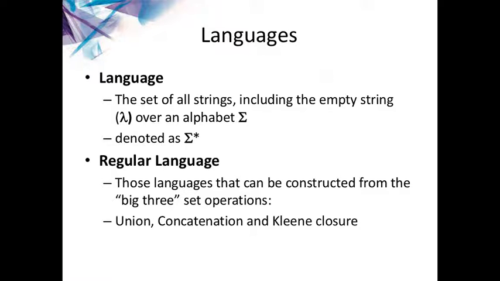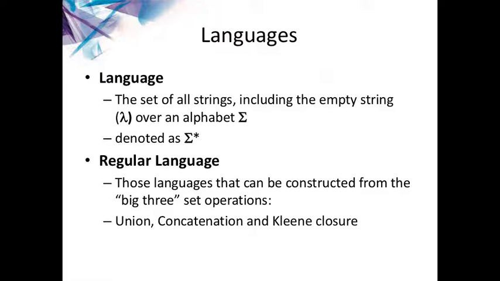The concatenation of 2 sets is basically the cross product of all the elements that belong to the first set with all the elements that belong to the second set.